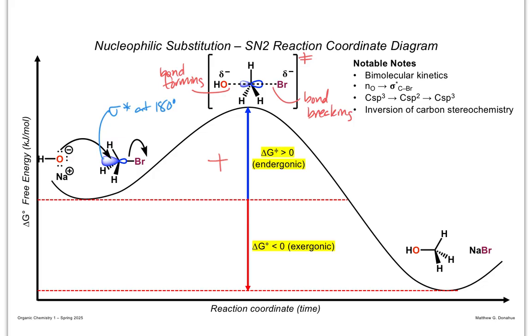To accommodate the formation and breaking, the carbon in the transition state actually rehybridizes to sp2. So sp3 here, now it's sp2. The reason for that is because it has that p orbital where electrons can go into, and then the existing electrons can leave.